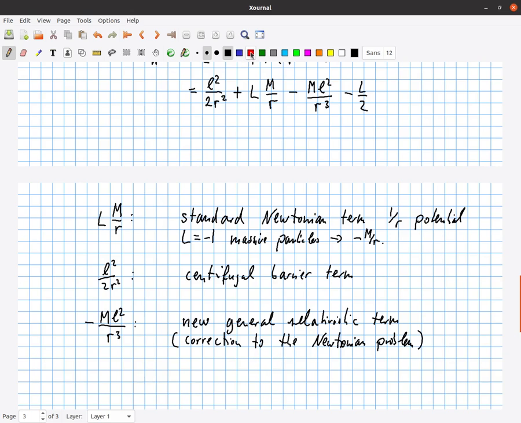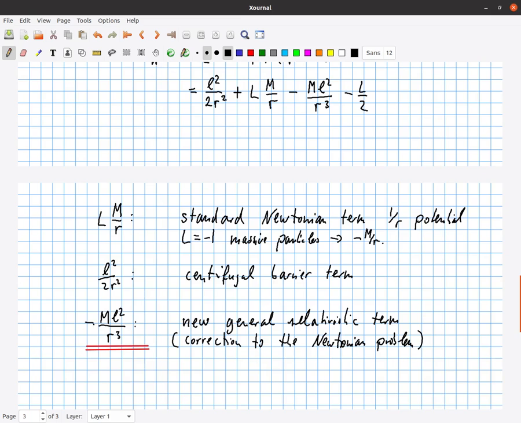And it is really important to keep this in mind, because if we know that this is the term that is the new contribution due to general relativity compared to Newtonian physics, we know it will be this term that will in the end induce differences between the Newtonian and the general relativistic formulation of gravity.